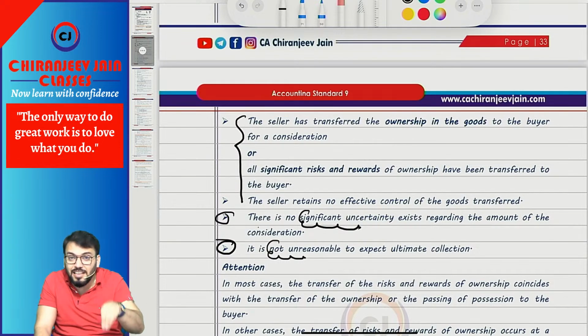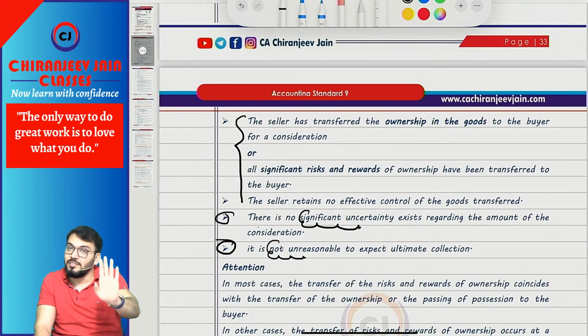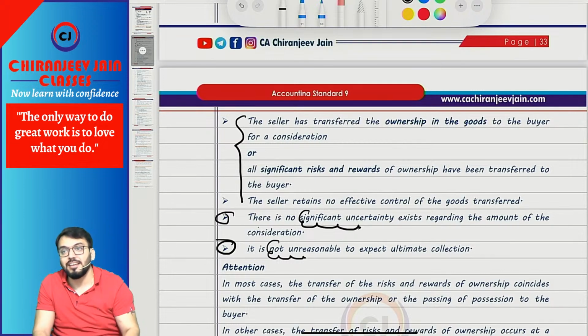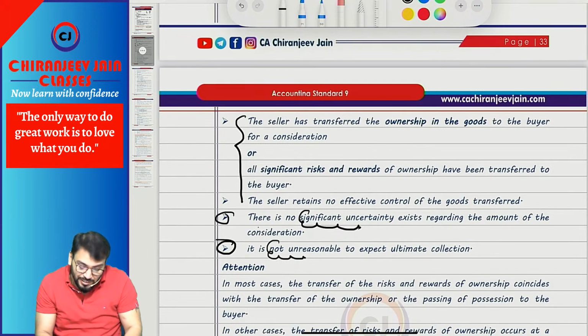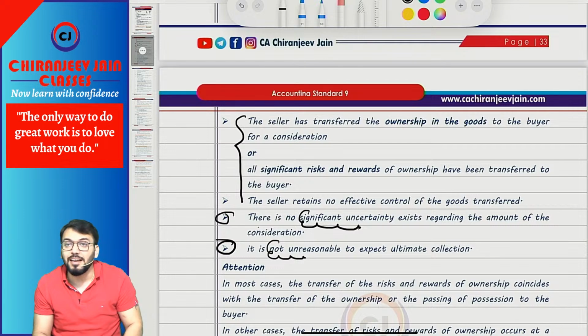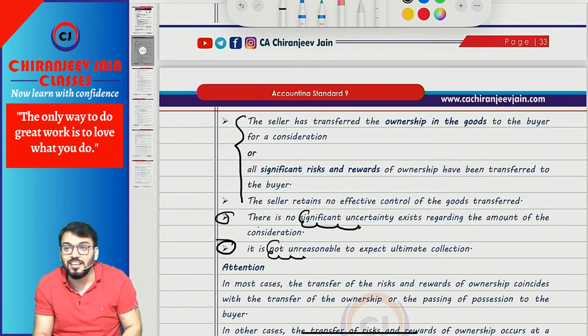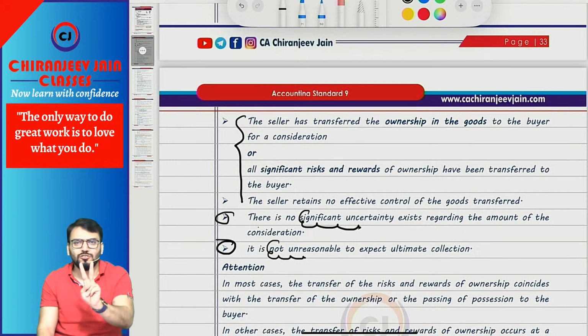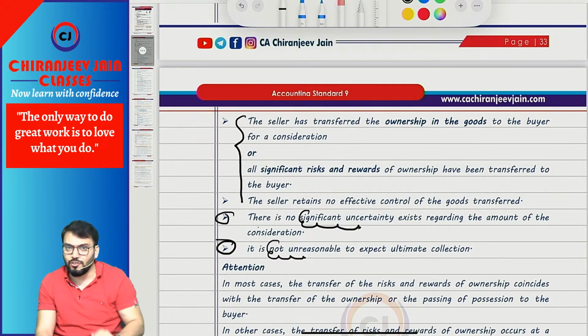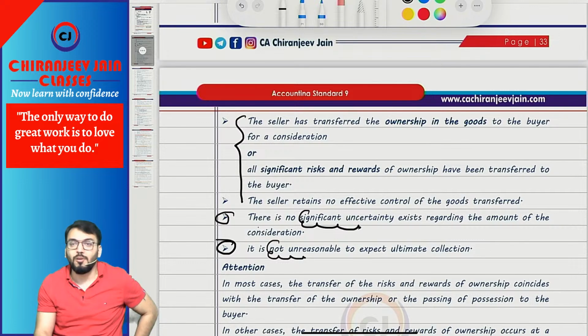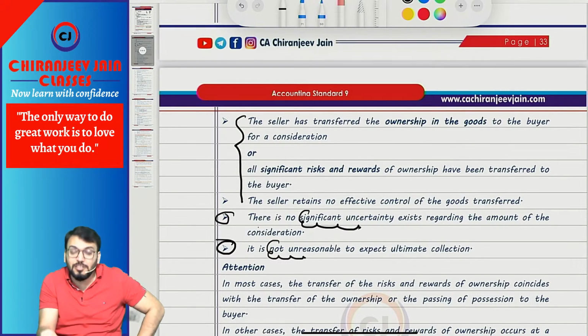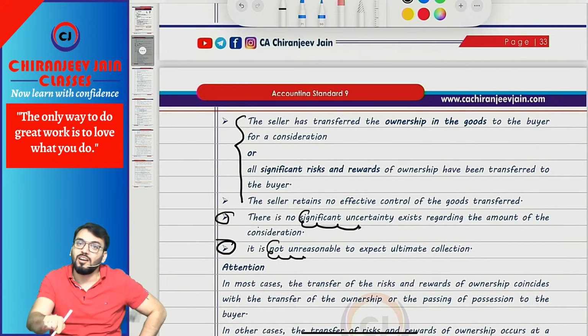But in the current scenario, we are expecting ultimate collection. Understood? Correct. So it is not unreasonable to expect ultimate collection, and there is no significant uncertainty regarding the amount of consideration. These two points will always be the same for all revenue recognition. Correct. Now what is the first point? That the seller has transferred the ownership in goods to the buyer for consideration.